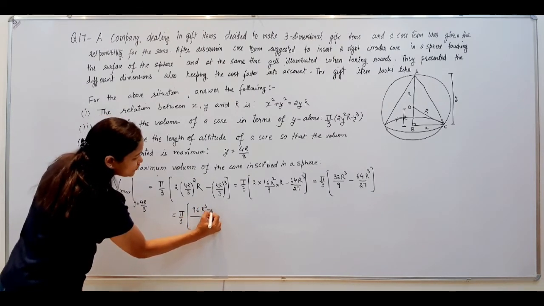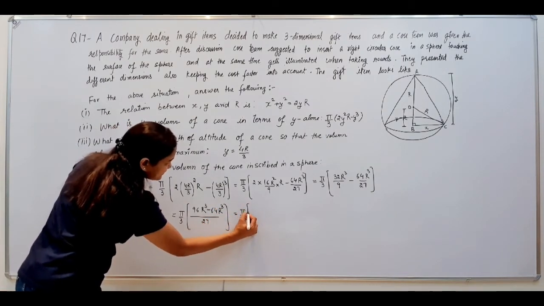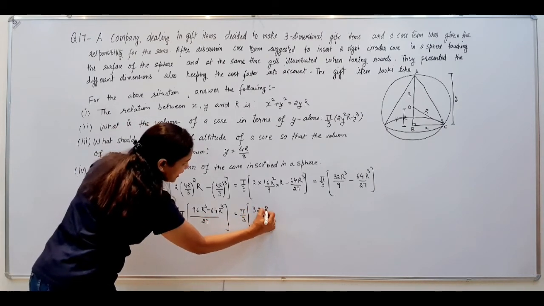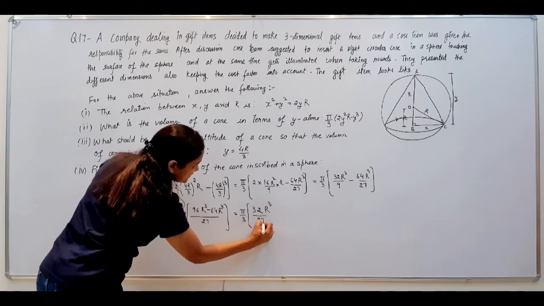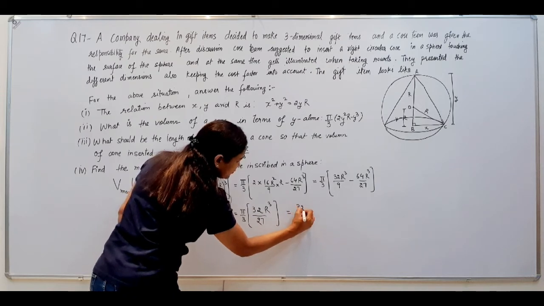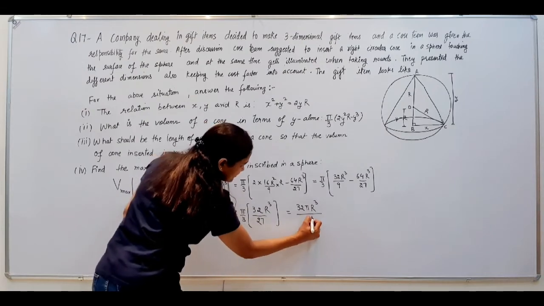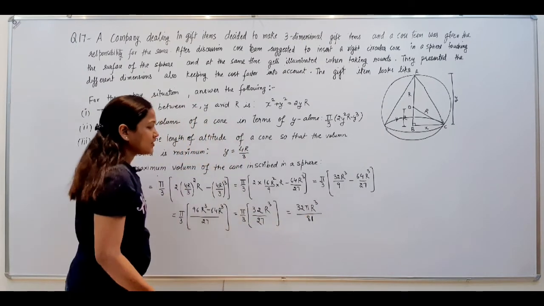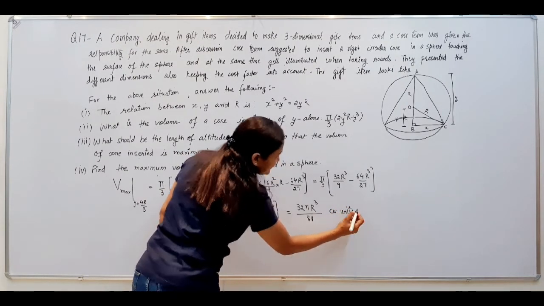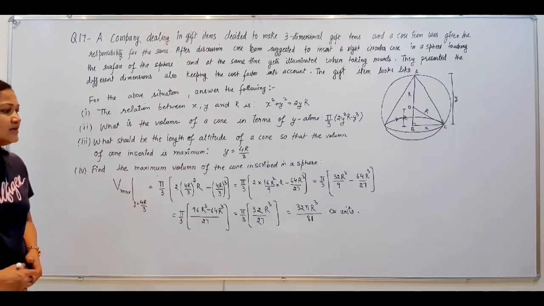So 96r cube minus 64r cube, and this is equal to pi by 3 into 32r cube upon 27, and this is equal to 32 pi r cube upon 81. So this many cubic units will be the volume of your maximum cone that can be inscribed in the sphere.